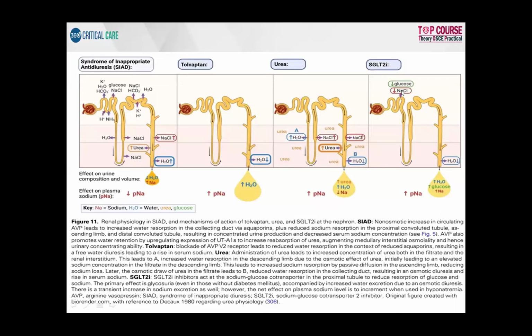This is how it acts even in cases of diabetics. When the glucose is excreted, along with the glucose, this glucose will even carry the water. So free water diuresis happens and the sodium also gets excreted, leading to increased plasma sodium concentration. So this is how all these drugs are used in SIADH: tolvaptan, urea and SGLT2 inhibitors.